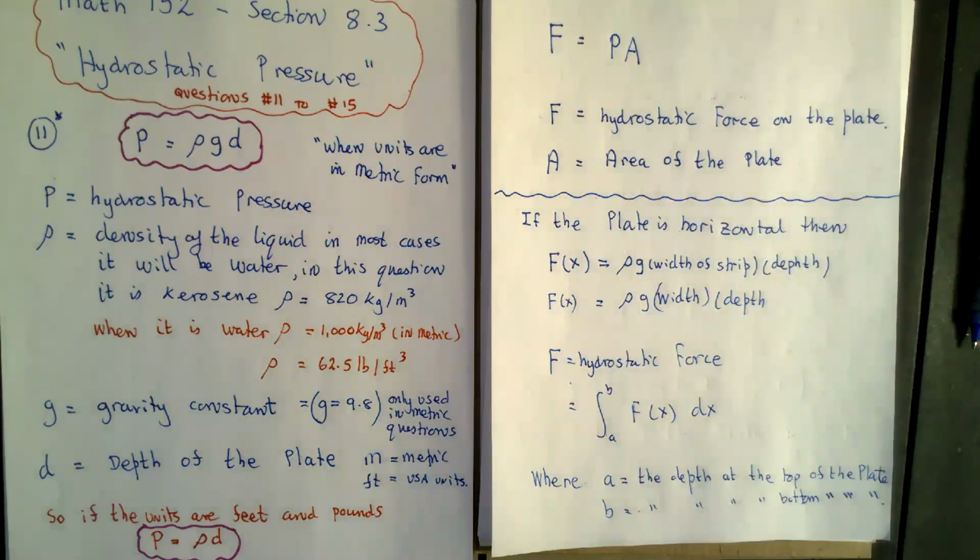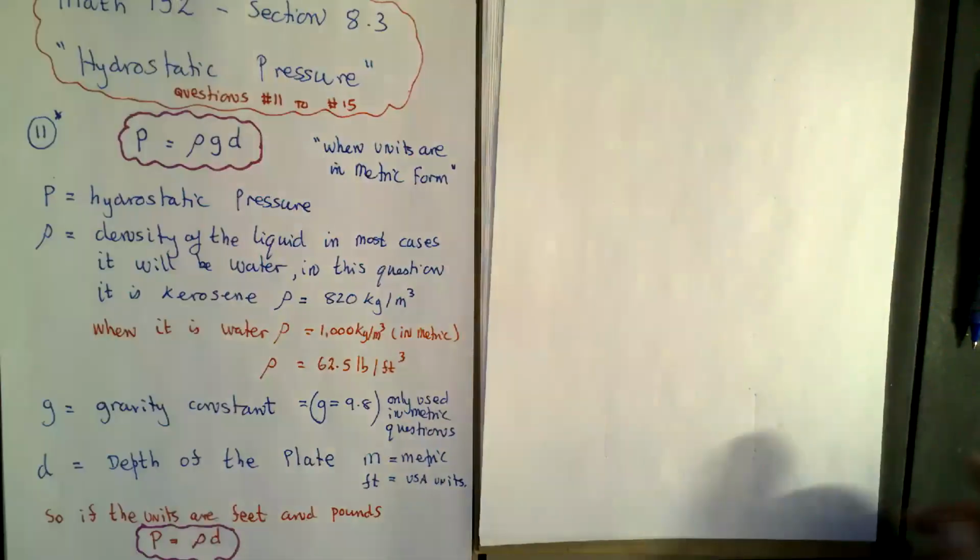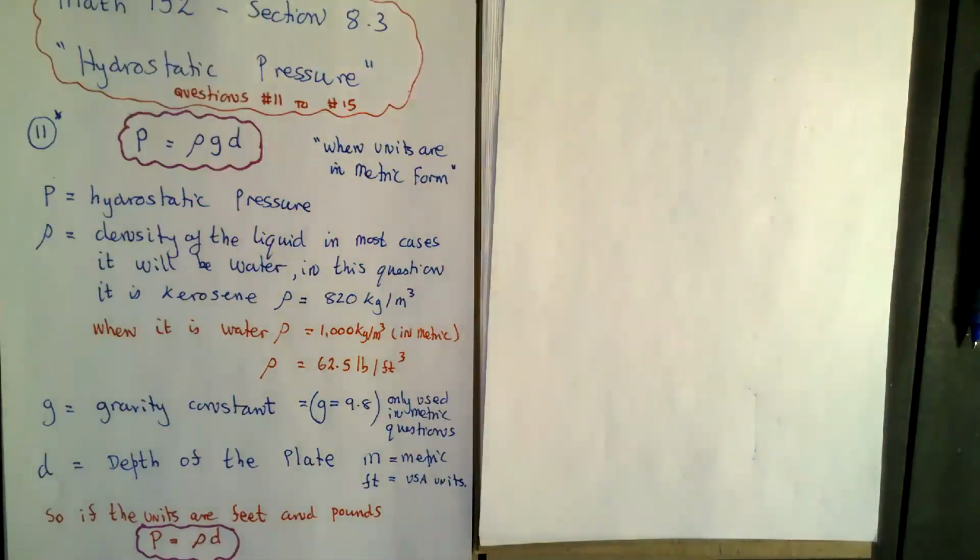So let's start with a very simple shape, and this is going to be question 11. And what we have in question 11, we'll hide this, and I'll just read out what it says.